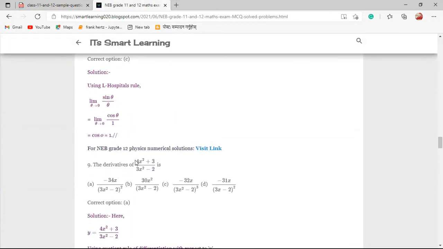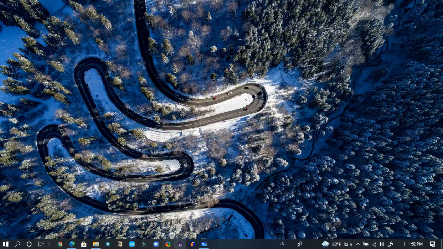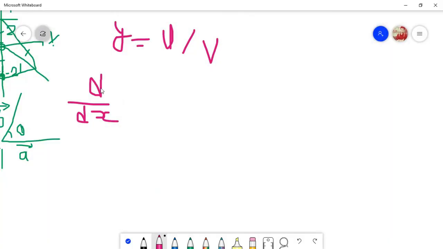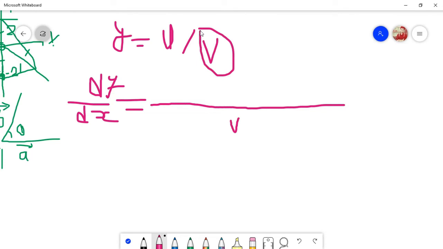Let u is equal to 4x square plus 3, v is equal to 3x square minus 2. Then the formula of the quotient rule is dy by dx is equal to, let me draw a long horizontal line and write the lower value, v square.